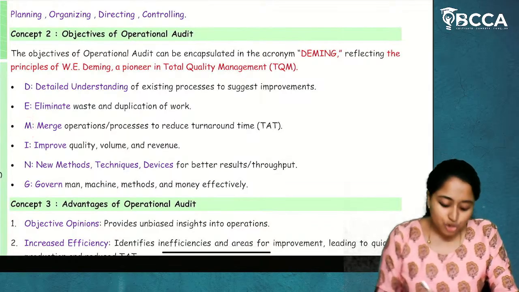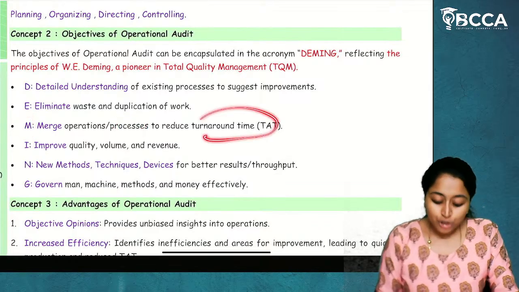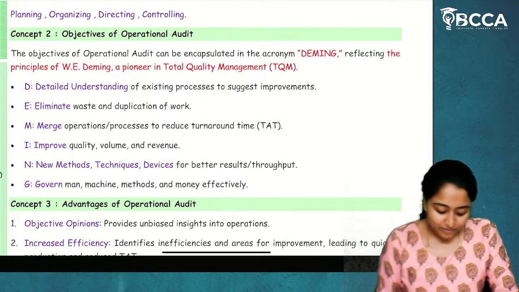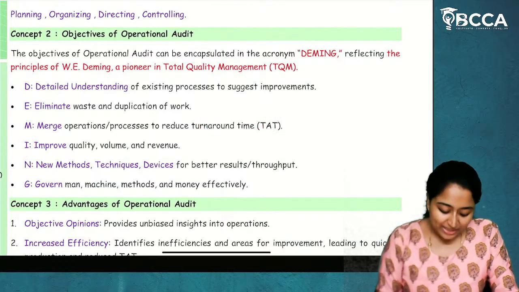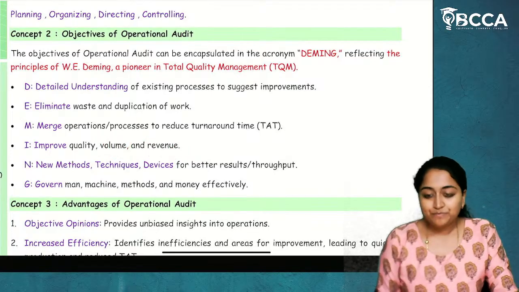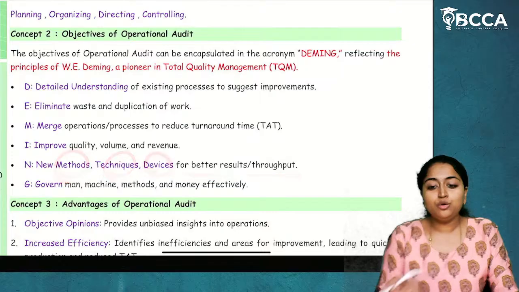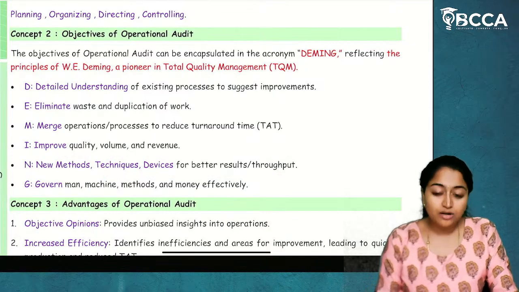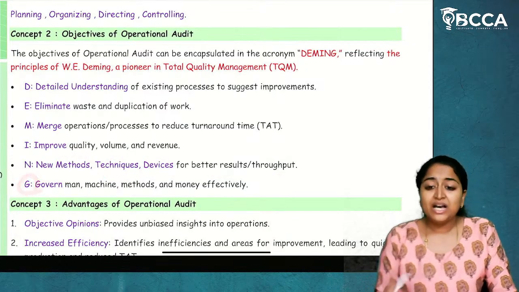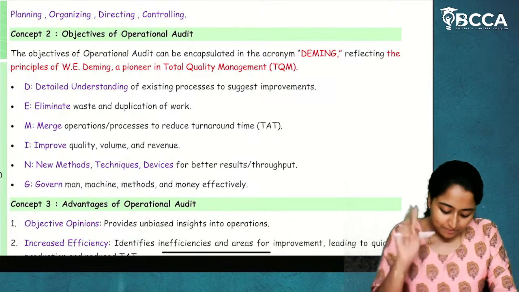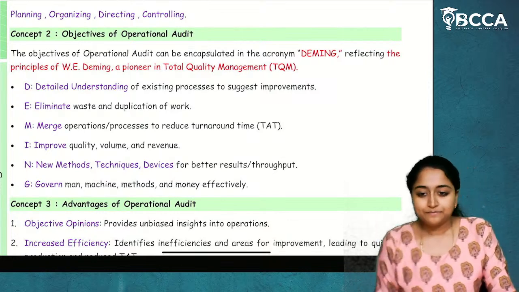M is merge operations or processes to reduce the turnaround time. I is improve quality, volume and revenue. N is new methods, new techniques, new devices for better results or throughput. And G is govern the 4 Ms: man, machine, method, money.